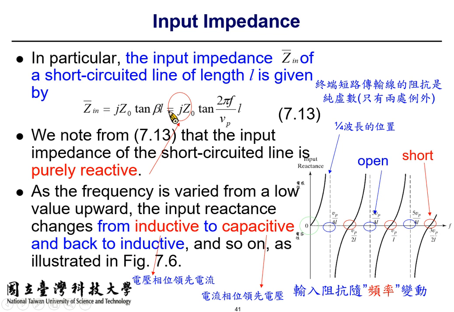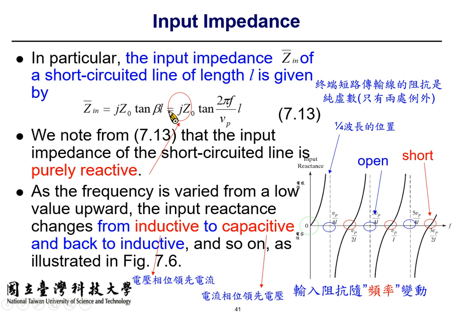When beta L equals a multiple of pi, then the tangent of this parameter will be 0. Okay?